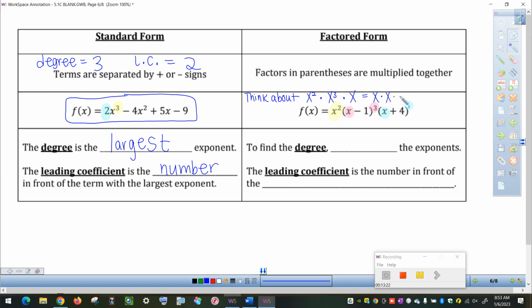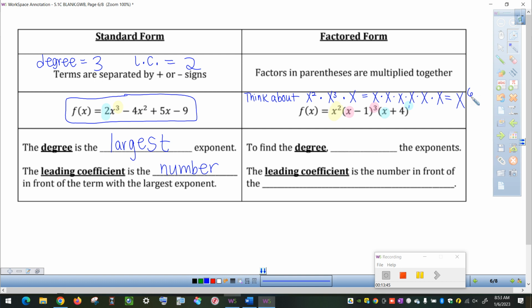X to the third is x times x times x. And then I have one more x at the end. So if we can see how many individual x's are being multiplied, we could simply count them, and there's 6 of them. So if x is being multiplied by itself 6 times, that's the same thing as x to the 6th.